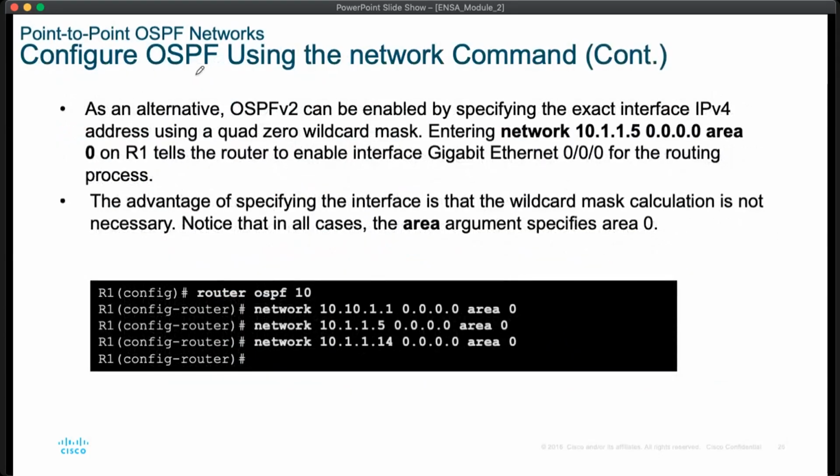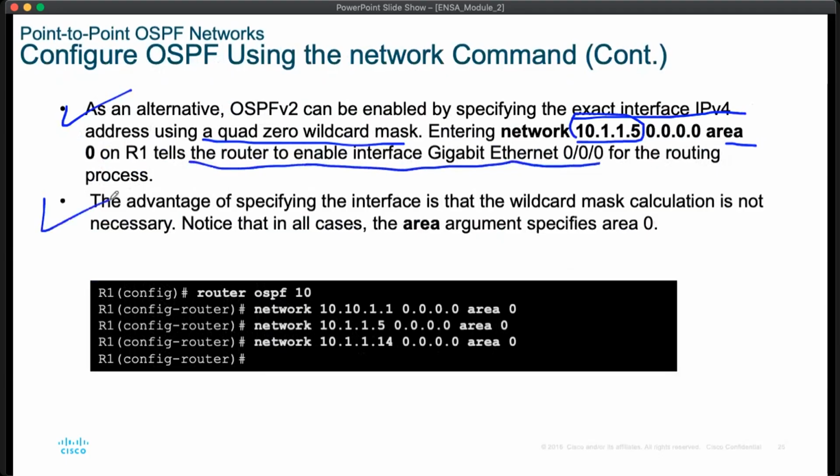Configure OSPF using the network command, continued. As an alternative, OSPF version 2 can be enabled by specifying the exact interface IPv4 address using a quad 0 wildcard mask. Entering the network command like this, with the quad 0 wildcard mask and area 0 on R1, tells the router to enable interface GigabitEthernet 0/0/0 for the routing protocol.